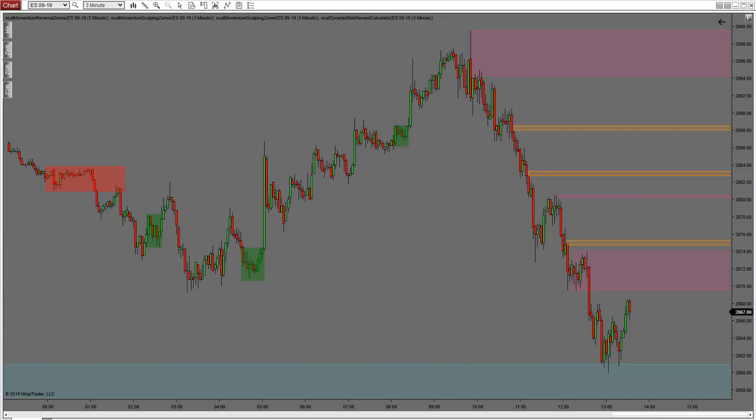The first is the Momentum Reversal Zones tool suite that finds momentum reversal zones to take advantage of momentum reversal moves in real time. The next tool suite you see here is the Momentum Continuation tool suite that helps you take advantage of momentum continuation moves.